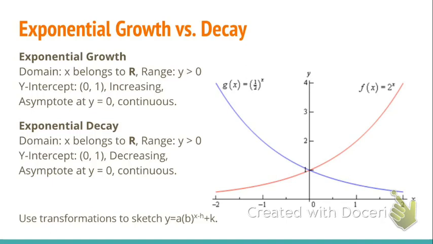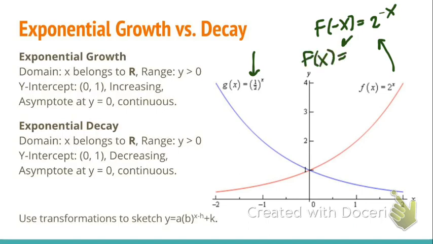Exponential decay is when the base is less than 1 but greater than 0. So 1/2 would be like the reflection of y equals 2 to the x over the y-axis, because if we took that and replaced x with -x, so that's a reflection over the y-axis, that would simplify to 1 over 2 to the x, which is the same thing as 1/2 to the x power, because 1 to the x power is just 1.